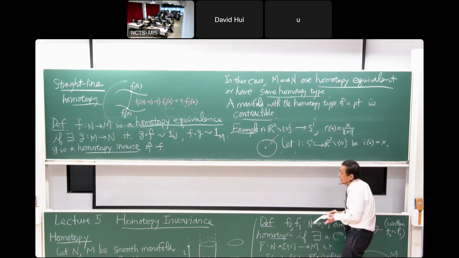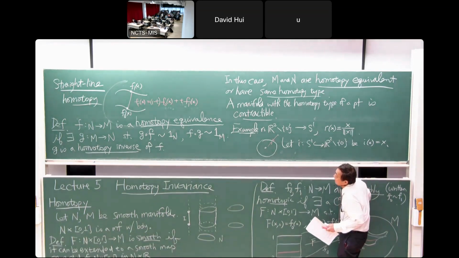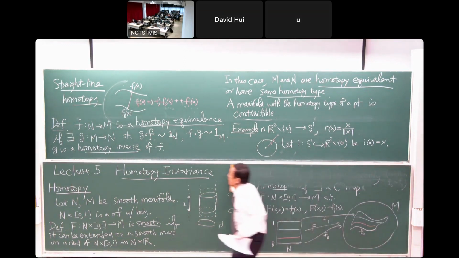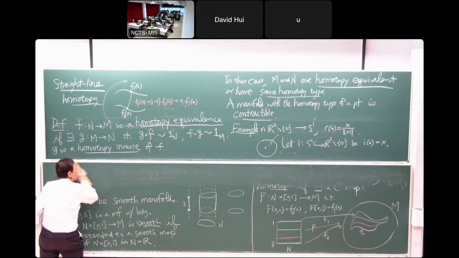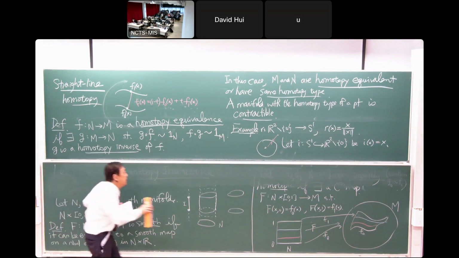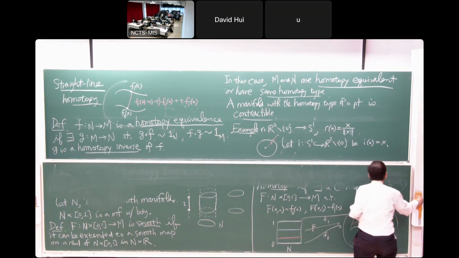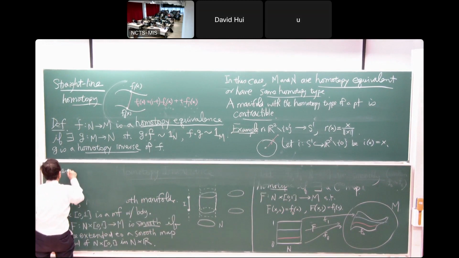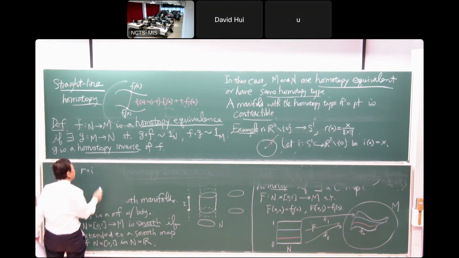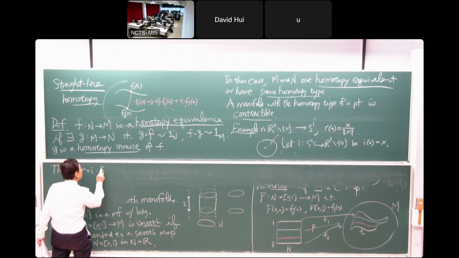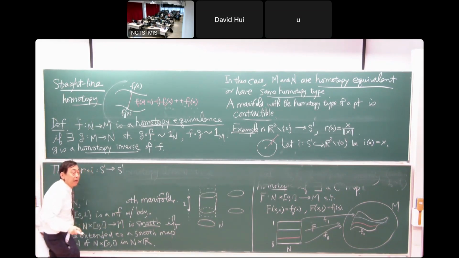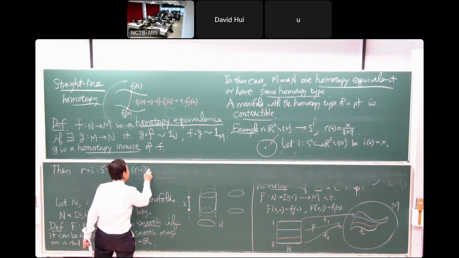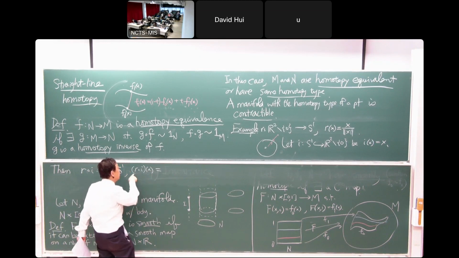Then R composed with I is going to go from the circle to the circle, and it will take x on the circle to x.